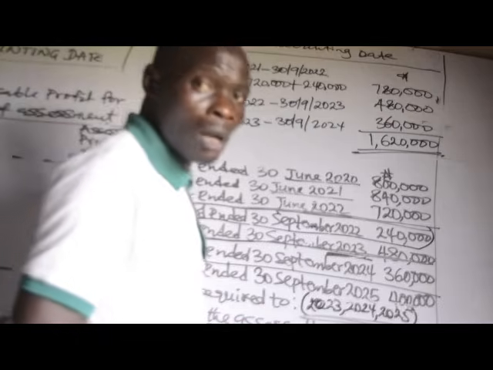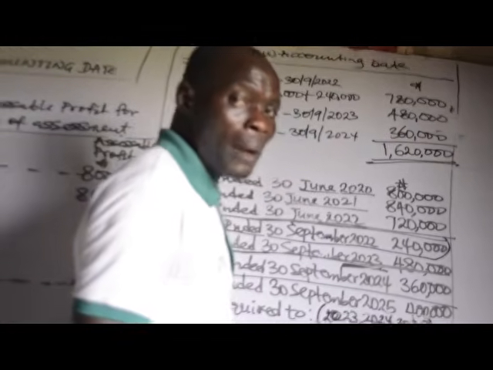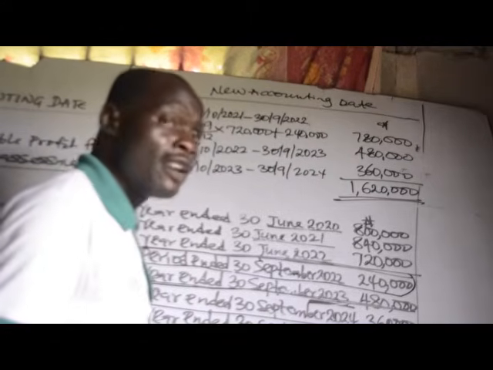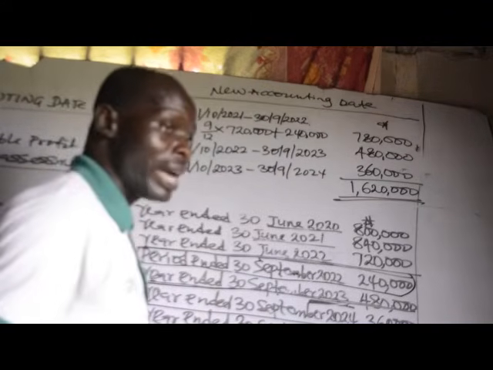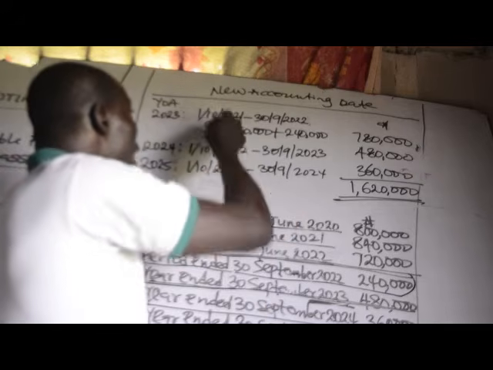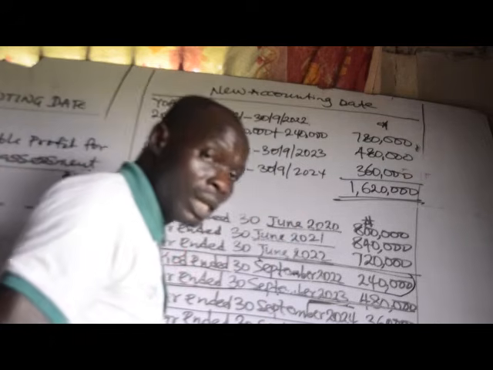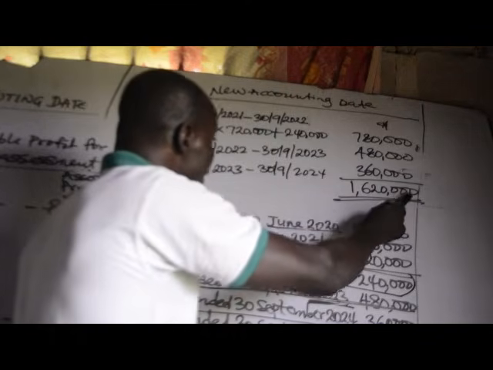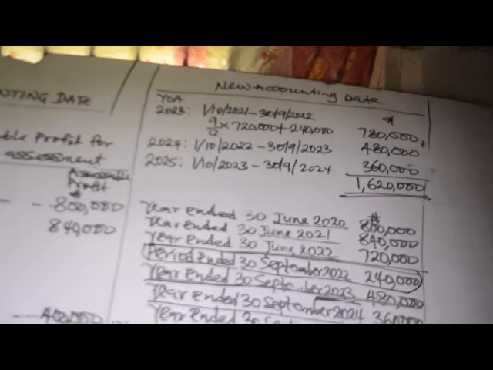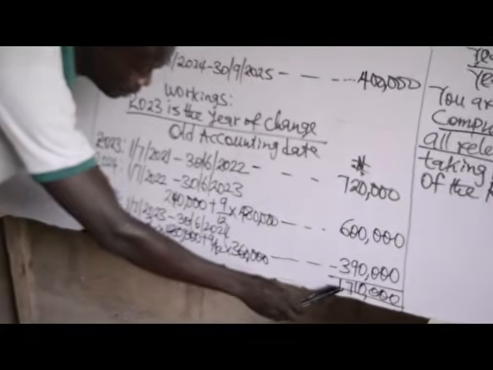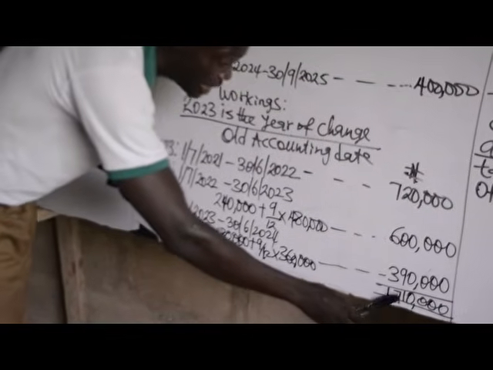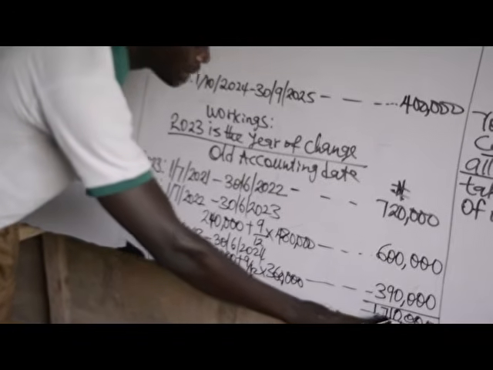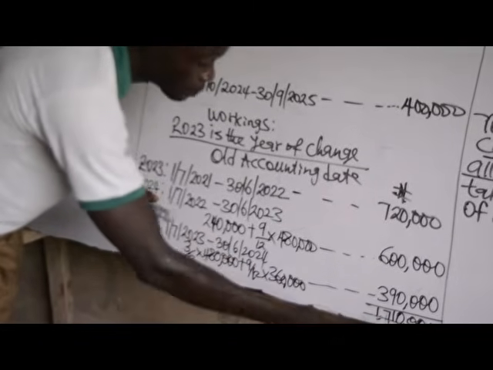I've told you that under change in accounting date, the practice of revenue is to choose the higher assessable profit for those 3 years identified, that is, between the old accounting date and the new accounting date. New accounting date is 1,620,000, while that of the old accounting date is 1,710,000. The old accounting date produces higher assessable profit. That means revenue will choose to assess Ezikan on the old accounting date.